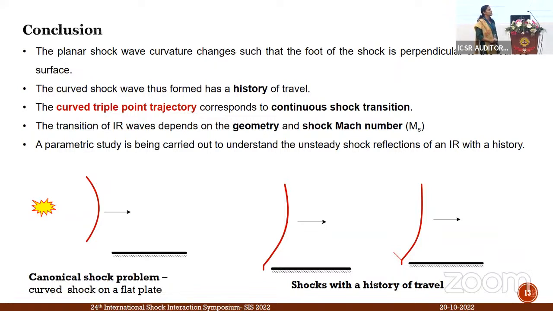All these studies say that the planar shock wave hitting the plane region has a history to it. So it is not like the canonical problem where you have a blast wave of circular, cylindrical or spherical structure which interacts with a plane surface.